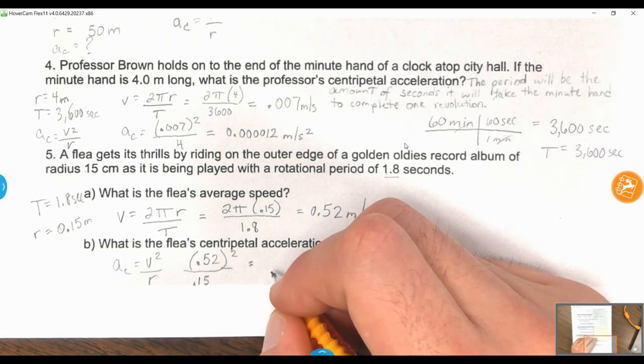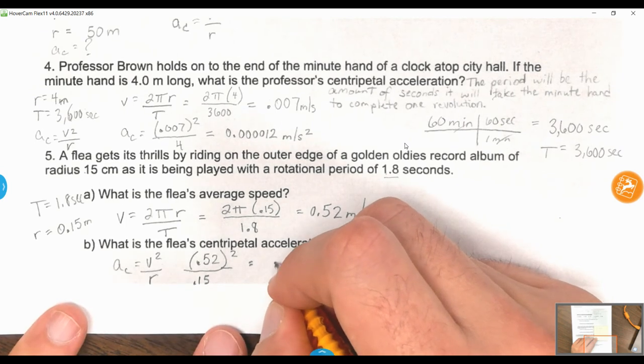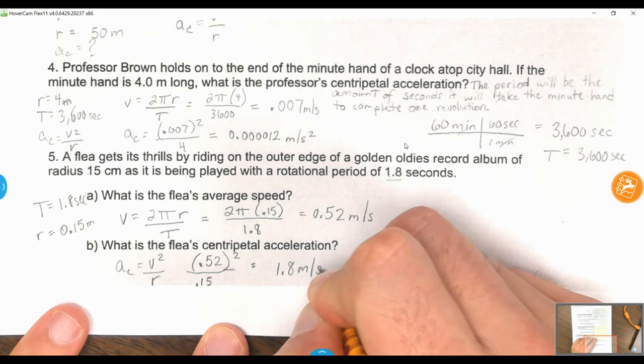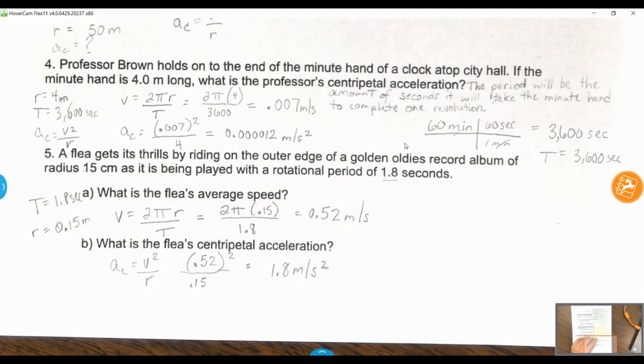Interesting. Comes out to be 1.8 meters per second squared. Roughly, it's 1.80266 repeating, but just cutting it off there.